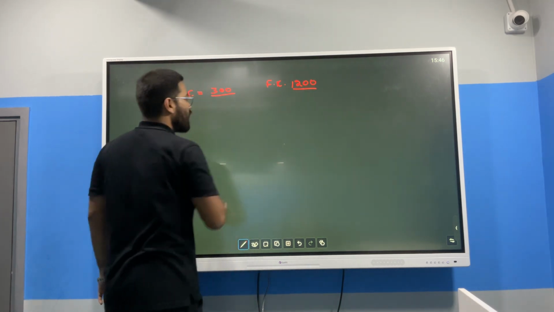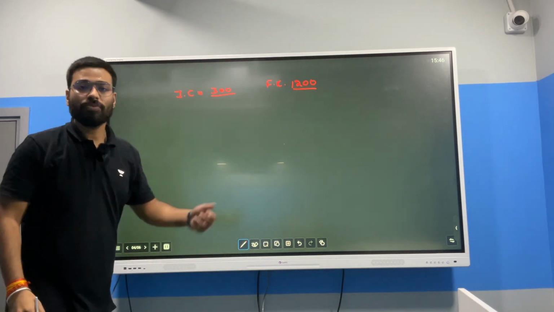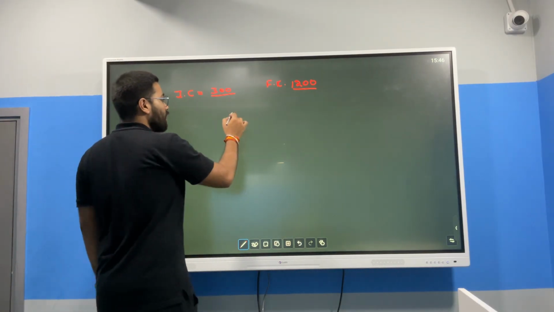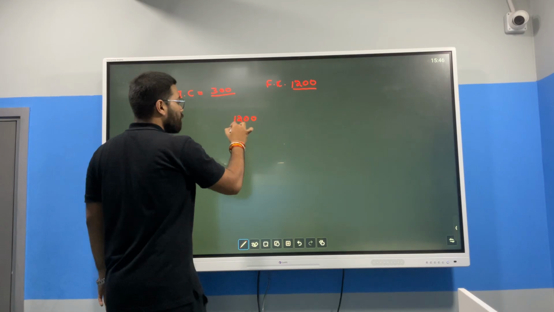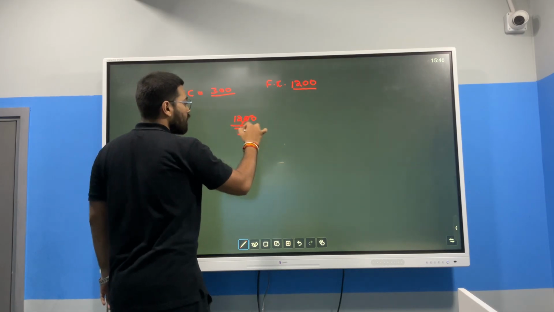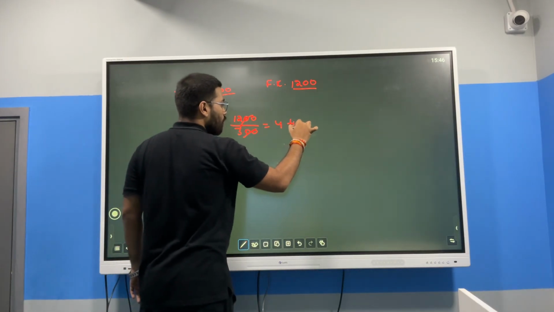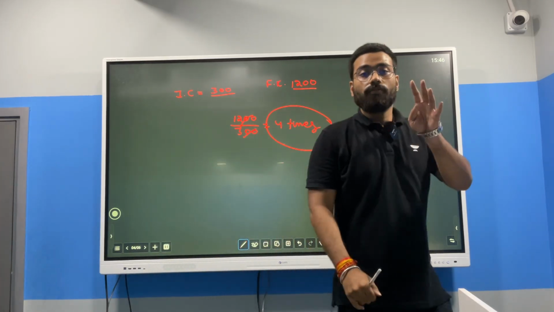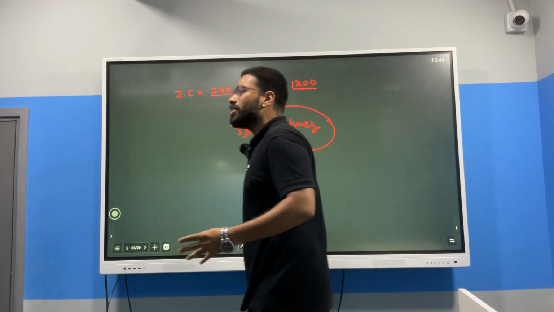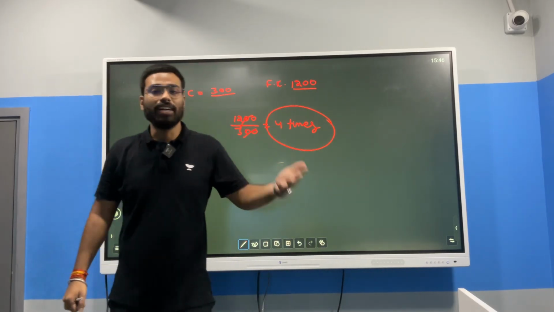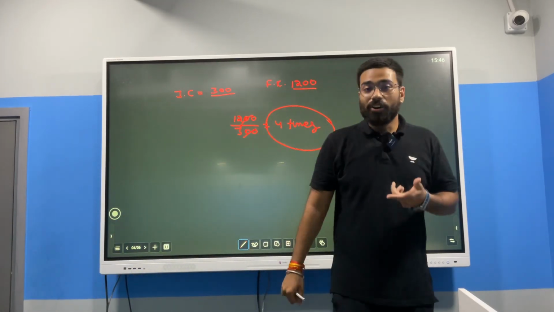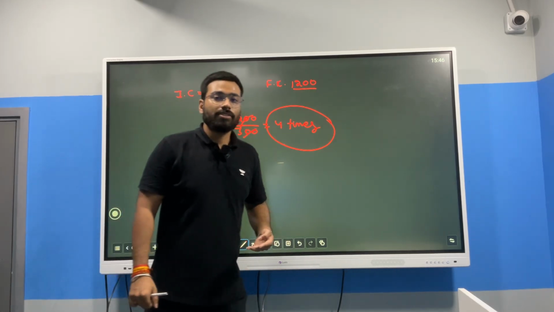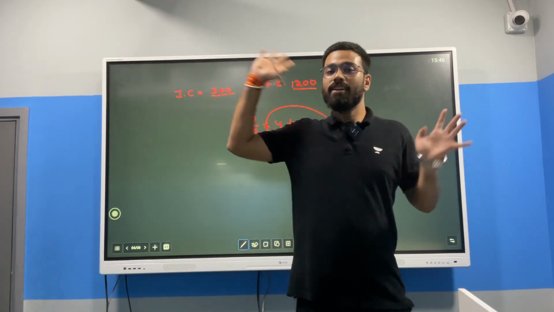So if I ask you how many times we can increase the concentration of filtrate or urine, it will be 1200 by 300, that is 4 times. So the nephron can increase the concentration to 4 times the initial filtrate, or we can say the kidney can produce urine 4 times more concentrated than the initial filtrate.